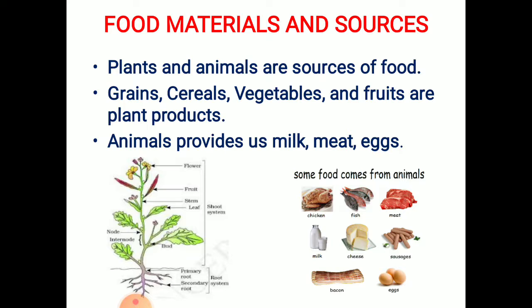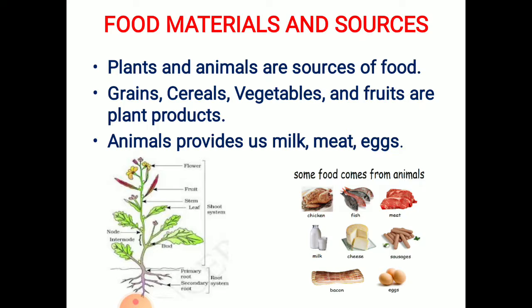Plants provide grain, cereals, vegetables, fruits, and all these are plant products, while animals provide milk, meat, egg, fish. All these are animal products.